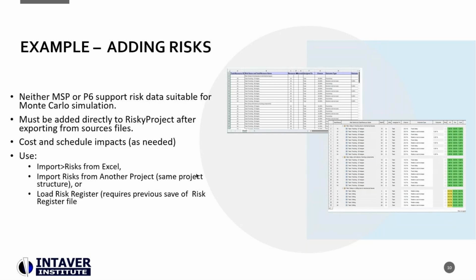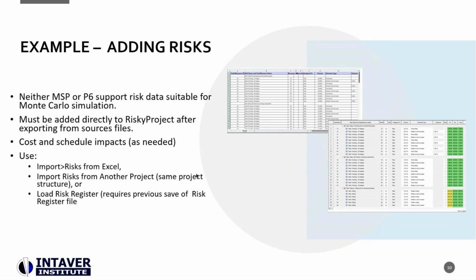So those risks, and we might call them risk drivers or risk events, must be added as a different data set after you've exported the data into RiskyProject from the source files. And because we're using both time-dependent and time-independent costs, we want to have cost and schedule impacts as needed.